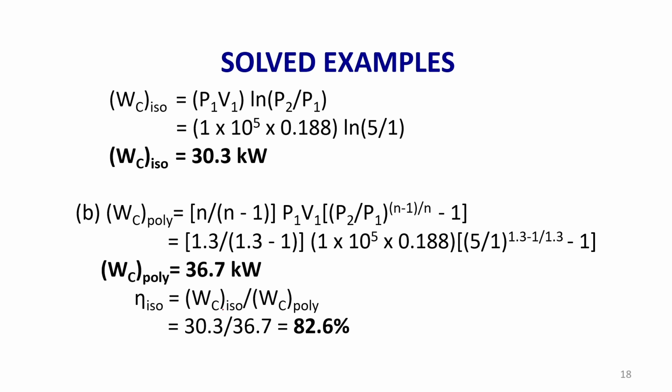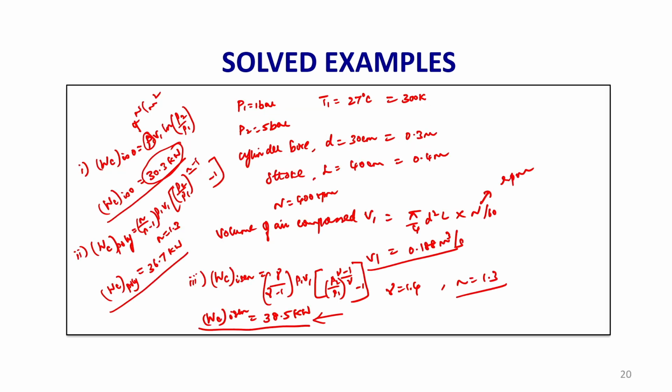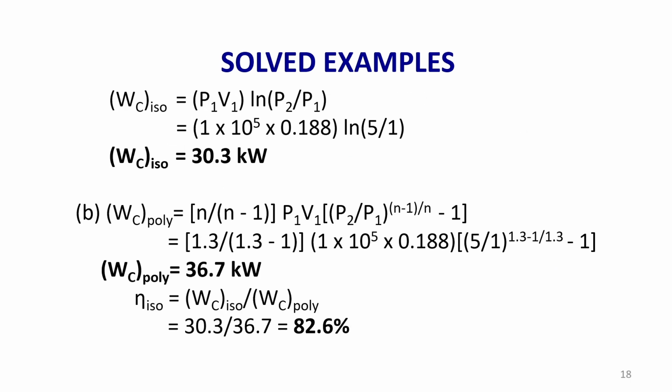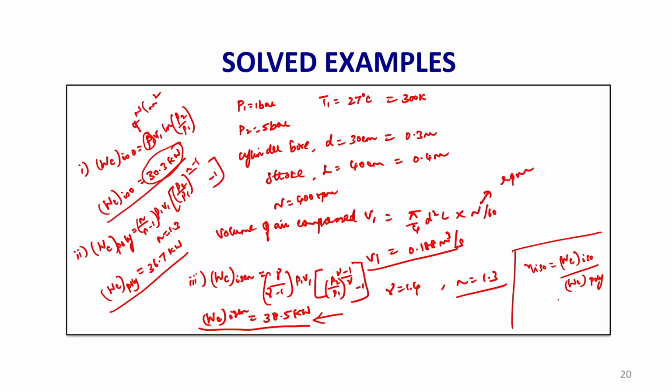So, isothermal work done is 30.3, polytropic process work done is 36.7. 30.3 divided by 36.7, you get 82.6 percentage.